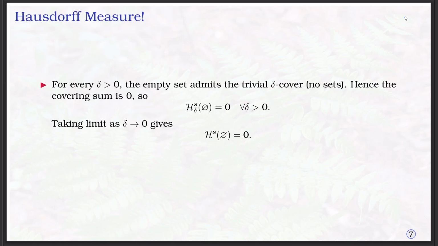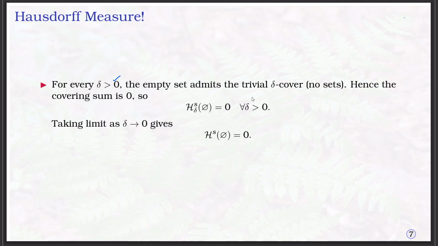The first one: for every delta greater than 0, the empty set admits the trivial delta cover, that means no set. Hence, the covering sum is 0. So, Hs of the empty set phi equals 0 for all delta greater than 0.